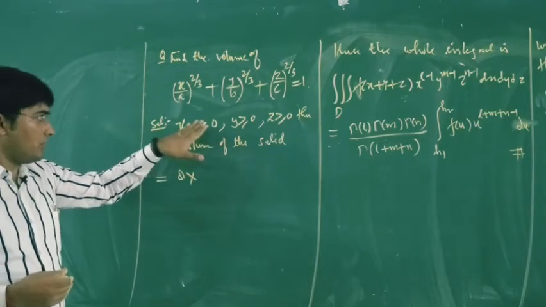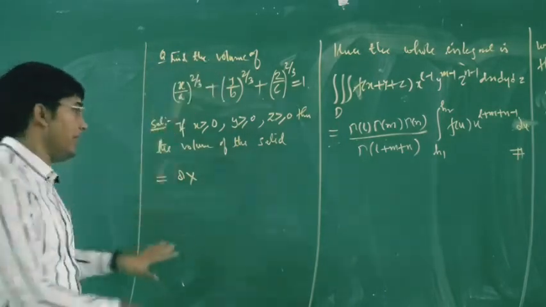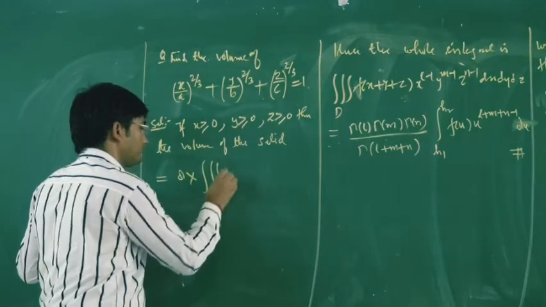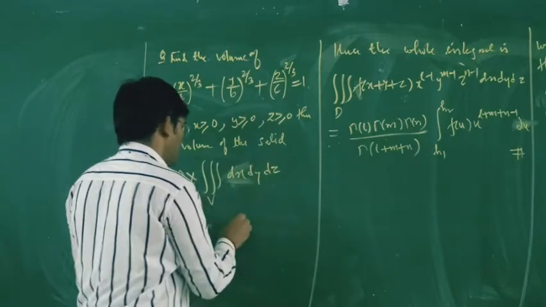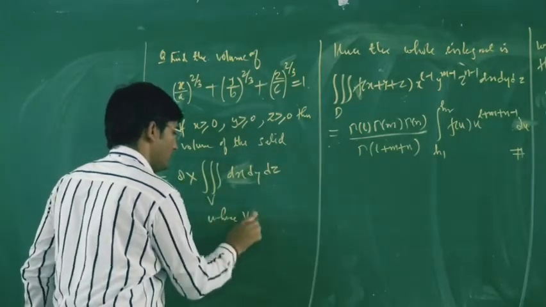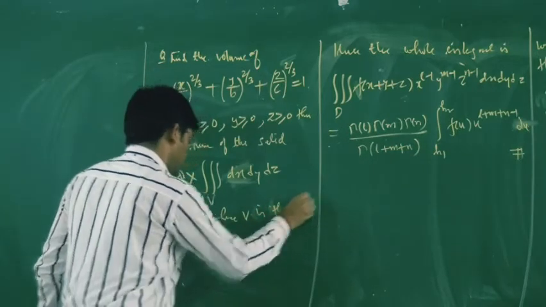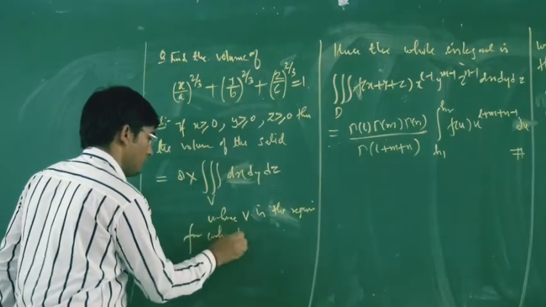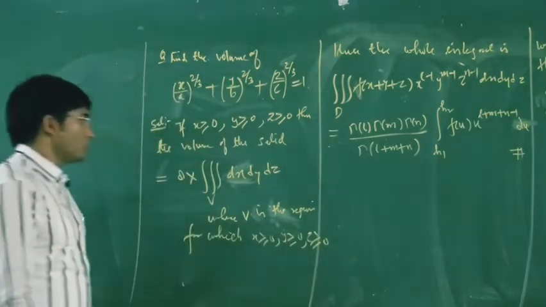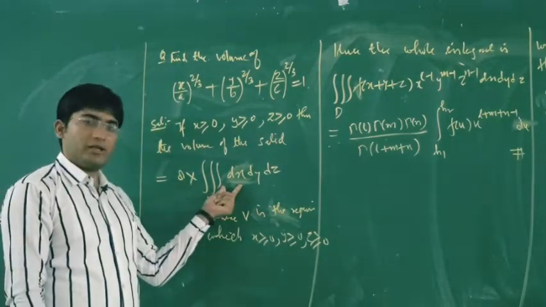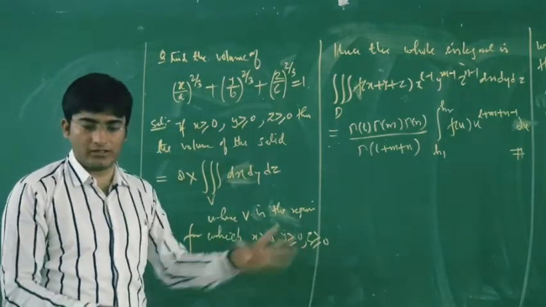As I am talking about the positive octant, the volume of this solid will be 8 times this portion, the integral of dx dy dz, where V is the region for which x is positive, y is positive, and z is positive.